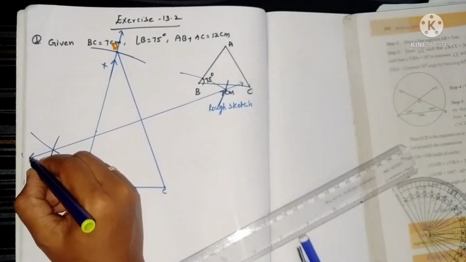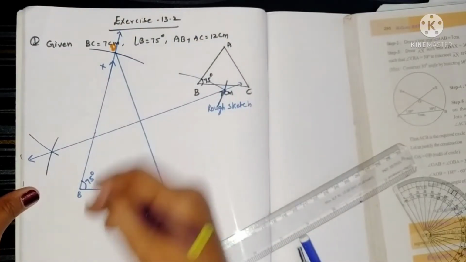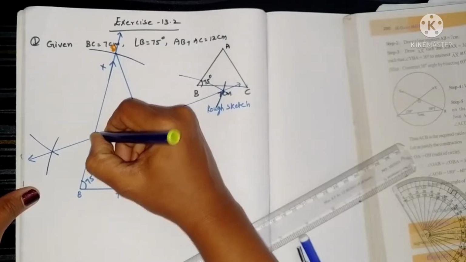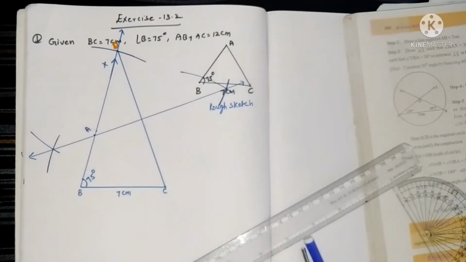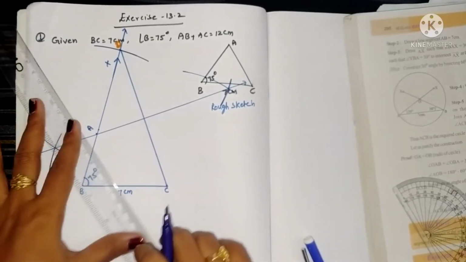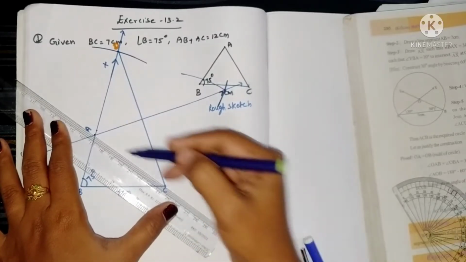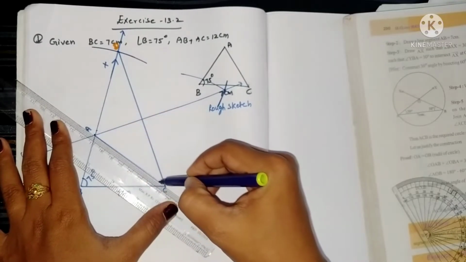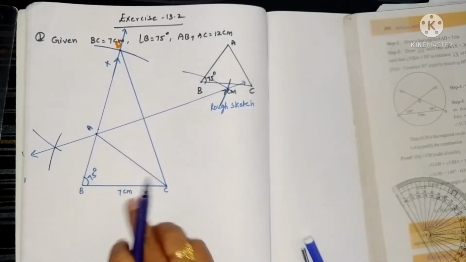Now this line intersects the BX ray at one point. That point is taken as A. By joining AC, the required triangle ABC is formed. So AC is joined, and ABC is the required triangle for us.